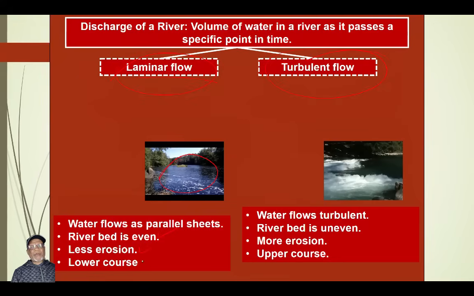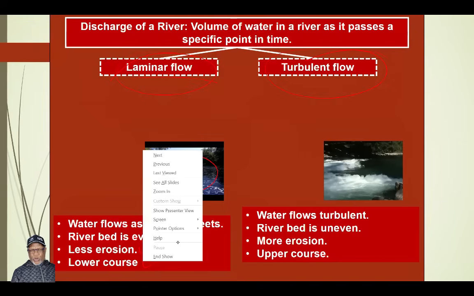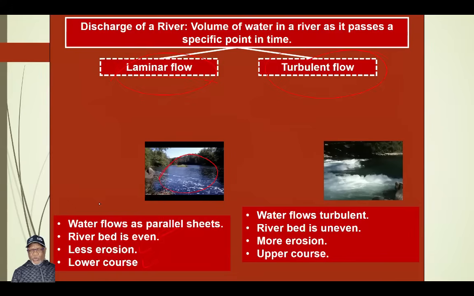It occurs mainly in the lower course of the river. So at this stage, you can say the river is graded.